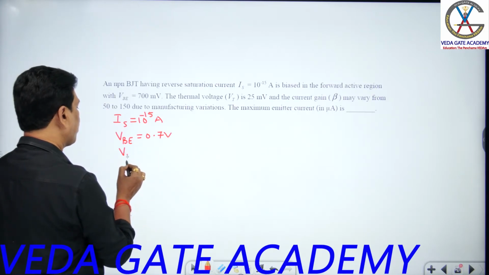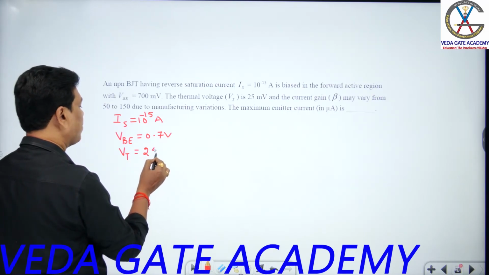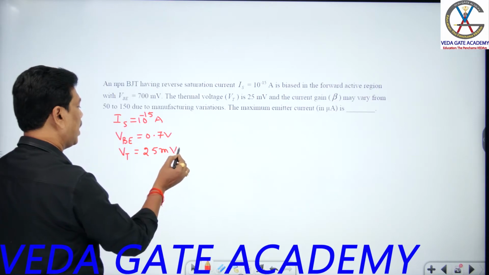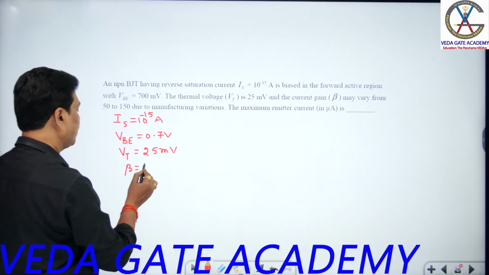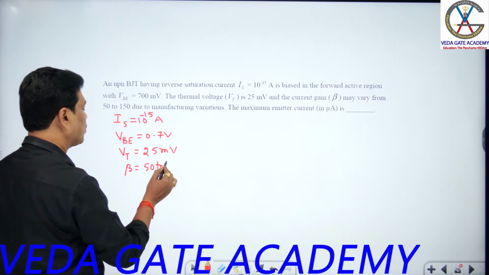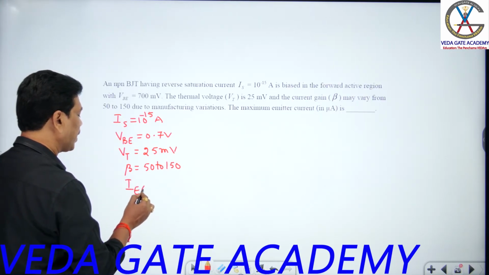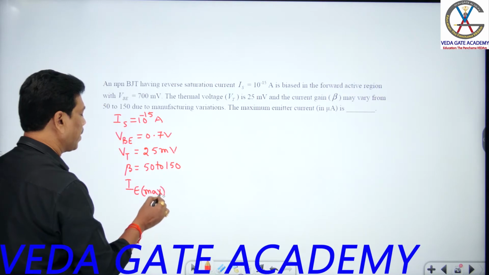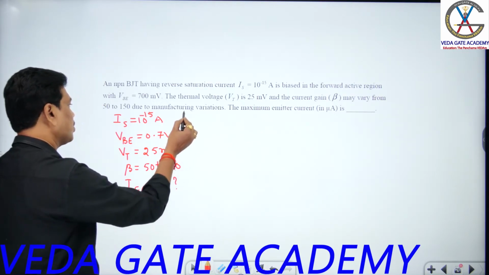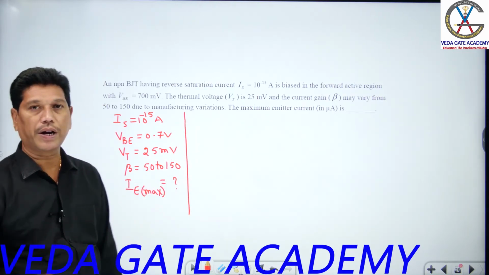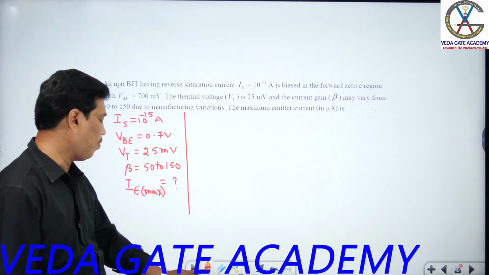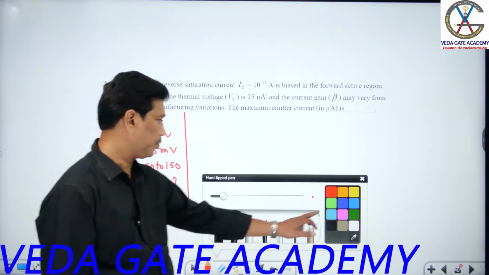Thermal voltage VT equals 25 millivolt is given, and beta variation is 50 to 150, students. You are asking what is the maximum emitter current in microamperes? Data is given. Now I can go for that. Check out now.